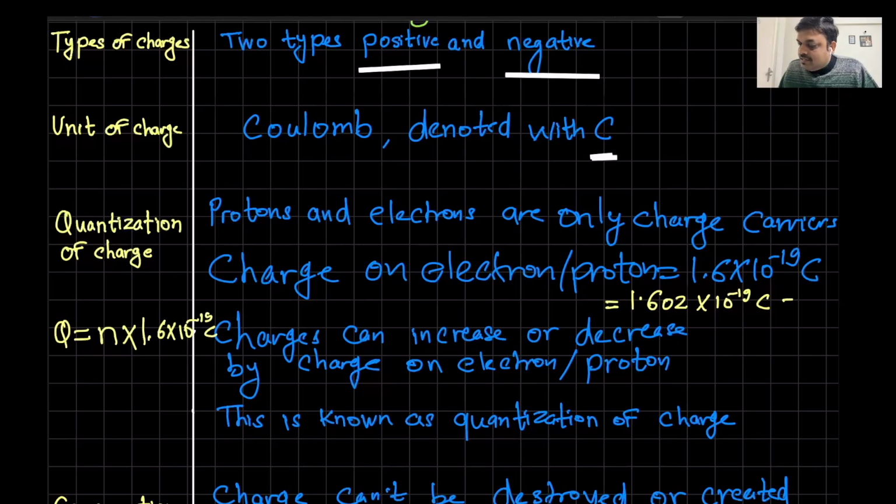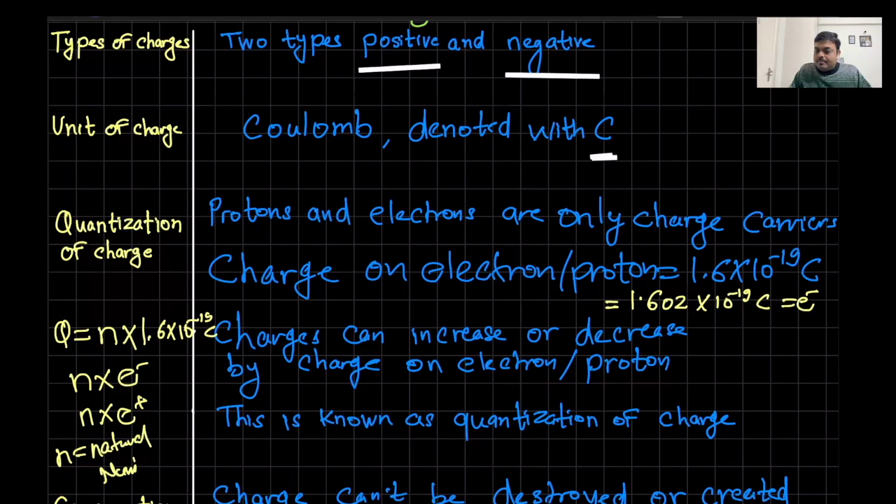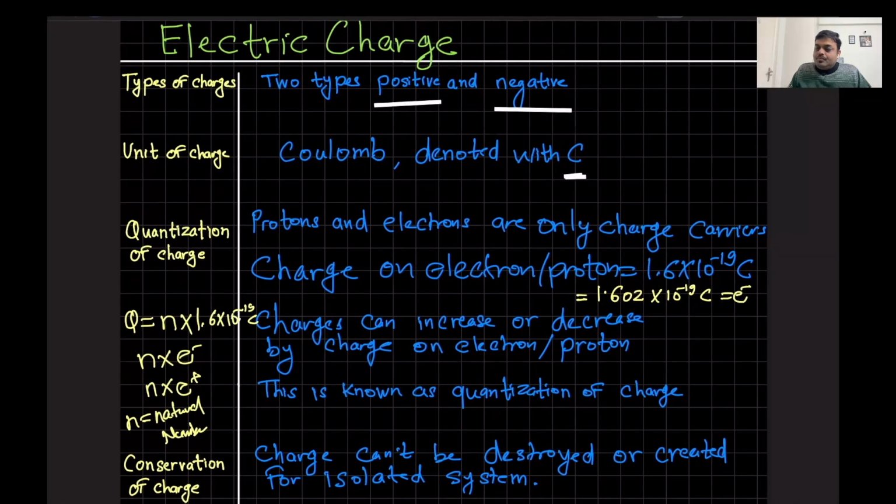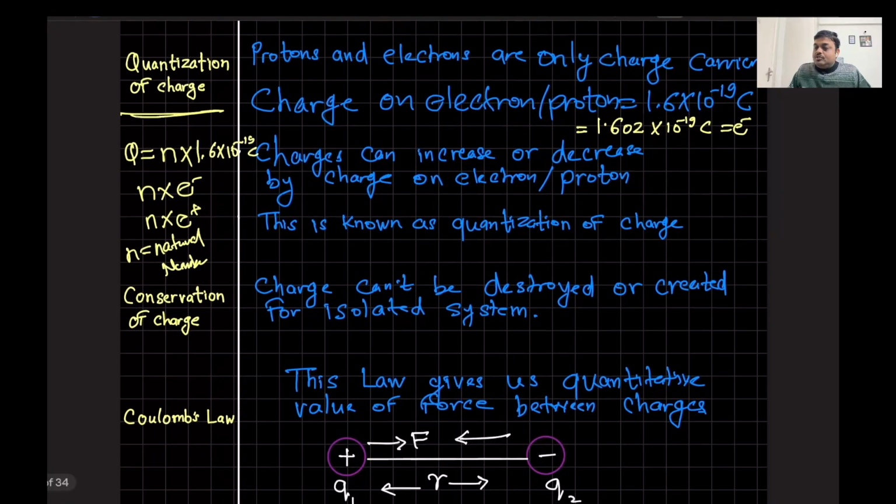If we consider that value as e negative or e positive, it will be n multiplied by e negative in case of negative charge, or if we denote this value as positive, it can be n multiplied by e positive. n is a natural number. So we call this quantization of charge.